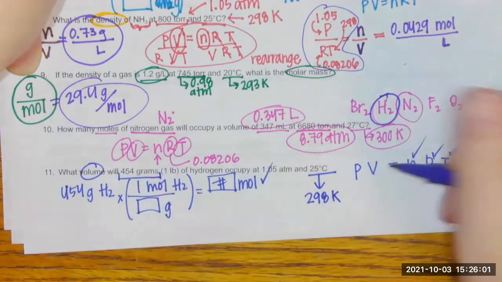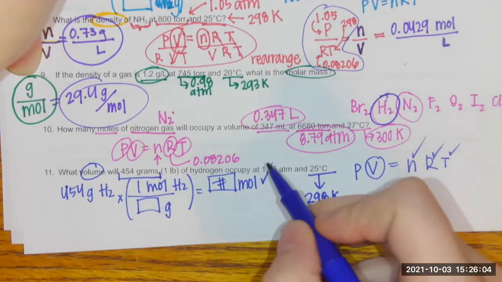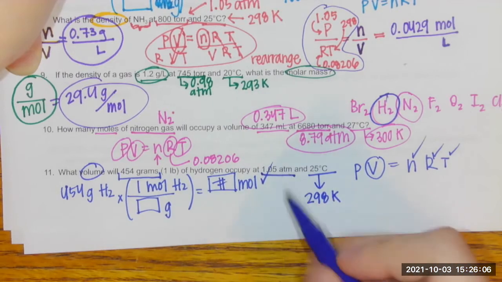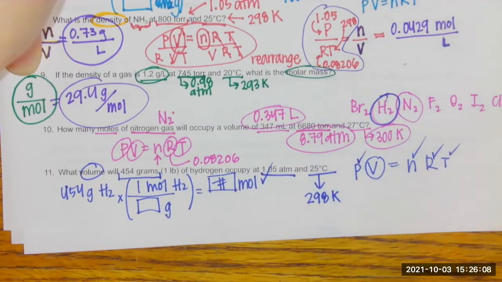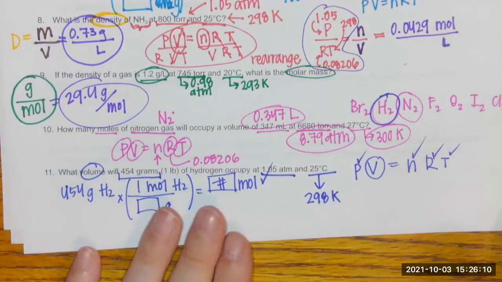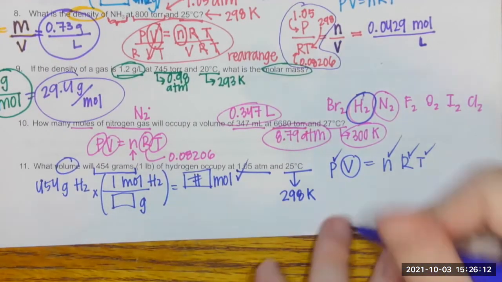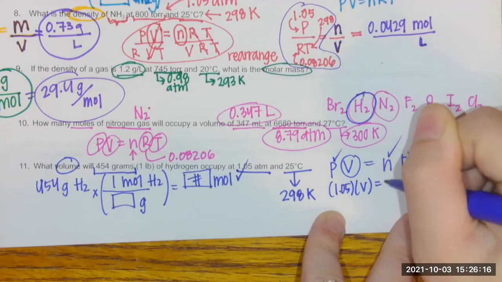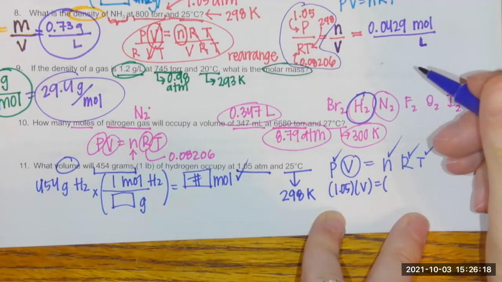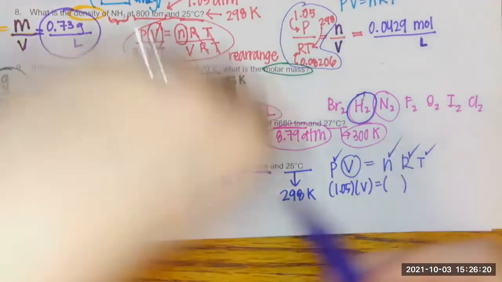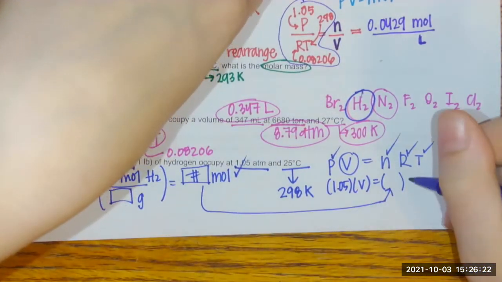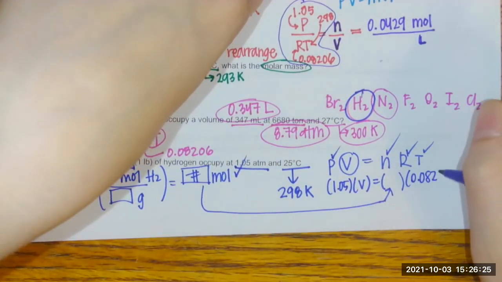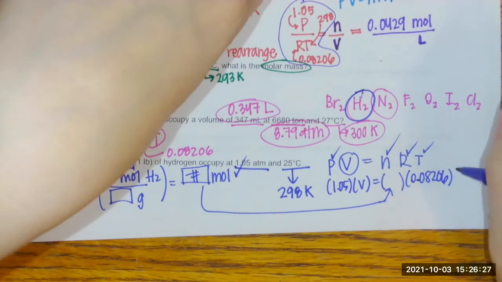I'm solving for the volume because I already have the pressure, 1.05 atmospheres. So 1.05, solve for V, equals whatever that number is times 0.08206 and a temperature of 298 Kelvin.